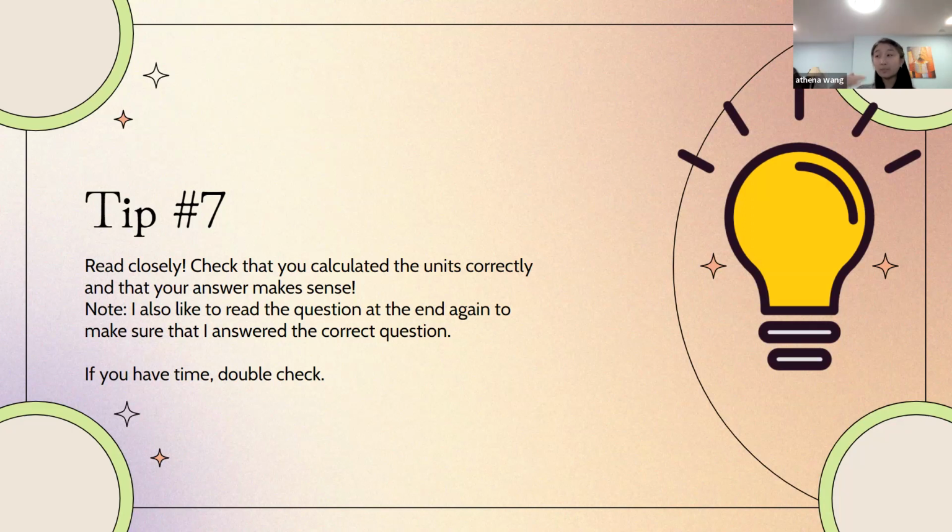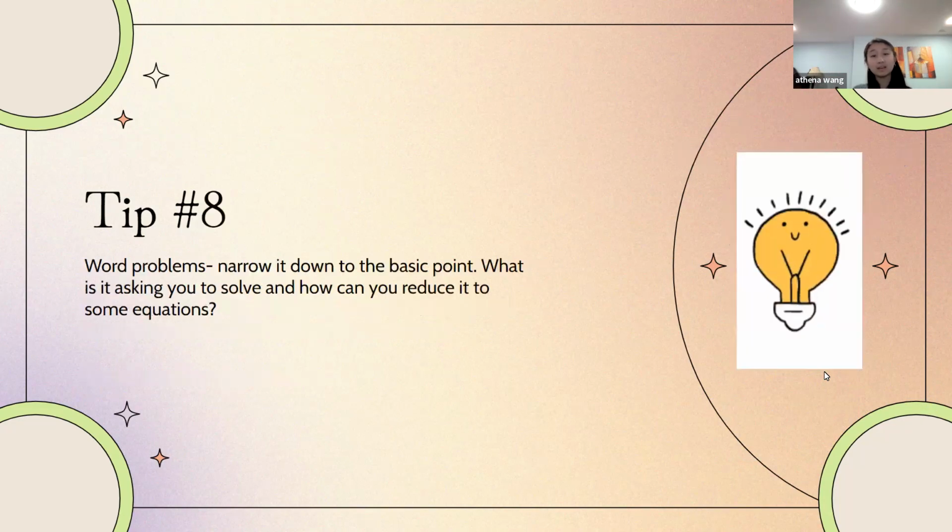So look back at the question that you're trying to answer, and make sure that what you got fits and makes sense in the problem. Usually I like to read the question again to make sure. And then if you have time, try to double check your answer, because that's always helpful.